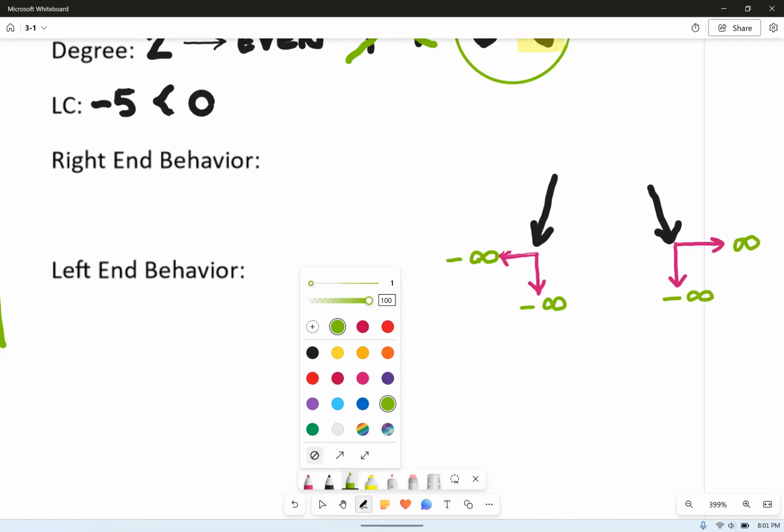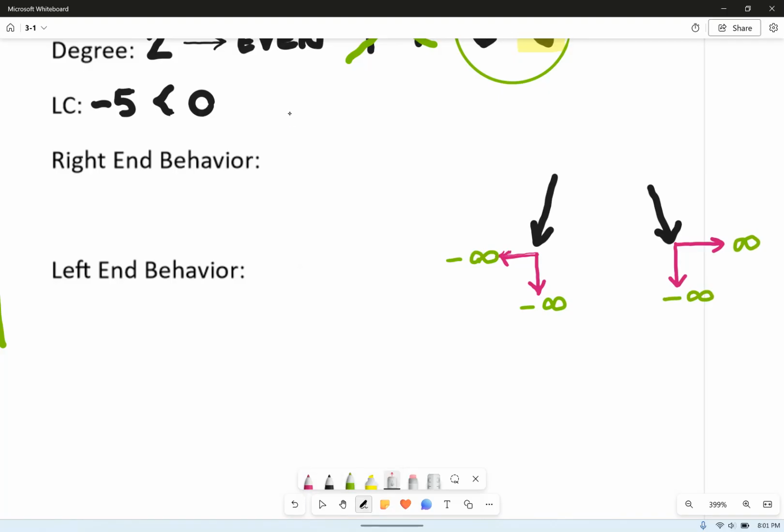So how do I compose this picture into a sentence? So here's how you do it. They want us to start with the right end behavior. This is my right hand end behavior. So I'm going to do horizontal movement first. You always do horizontal movement first. And I write as x for horizontal movement approaches, well, it's approaching positive infinity.